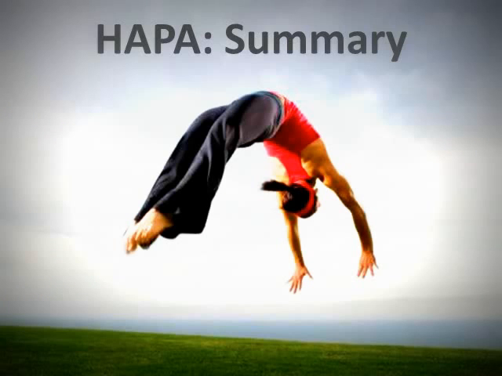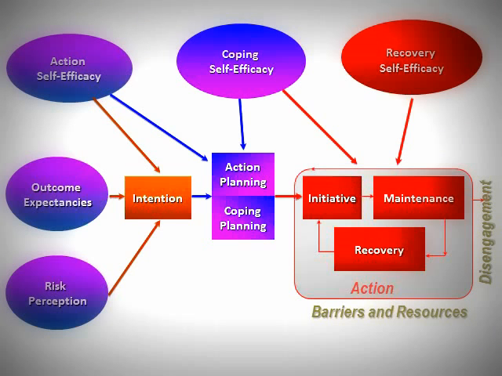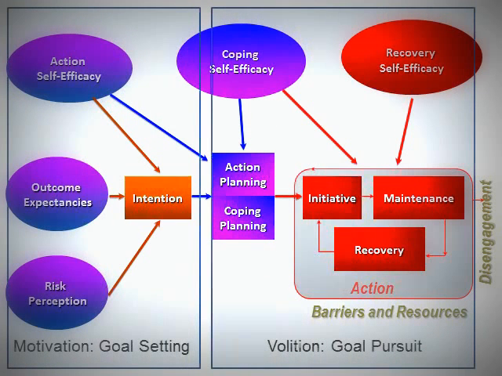Finally, I want to summarize the theory with two slides. The first one refers to the continuum layer and the second one to the stage layer of HAPA. HAPA is designed as a sequence of two continuous self-regulatory processes, a goal-setting phase and a goal pursuit phase.